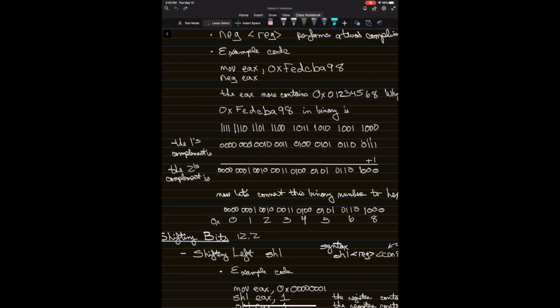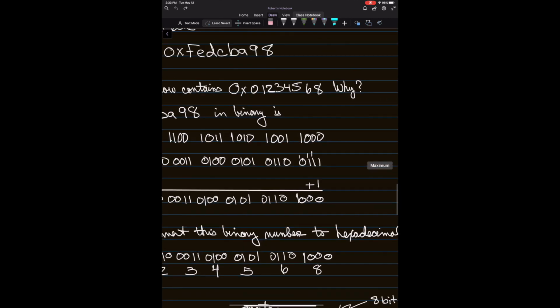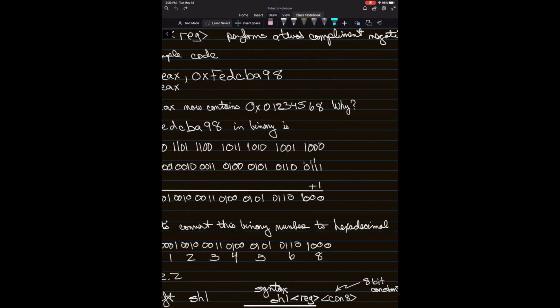Once I've done that, now let's go ahead and perform the twos complement. And the twos complement is nothing more than adding 1 to the ones complement. Okay, so let's go ahead and get started on this row over here. So you see over here that 1 plus 1, well, that's going to be 1, 0 in binary. So I put the 0 over here, and then I put the 1 over here in the next column to carry. Well, now I'm going to have 1 plus 1.